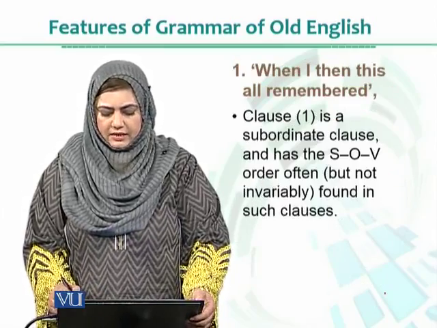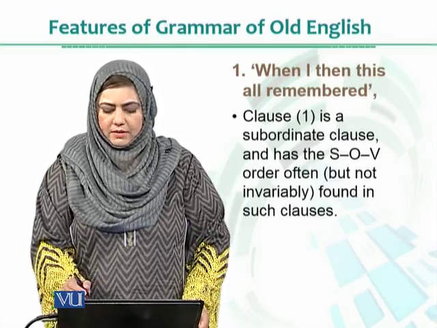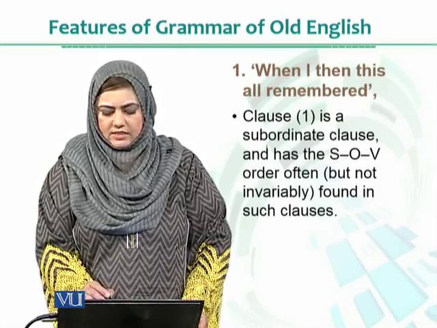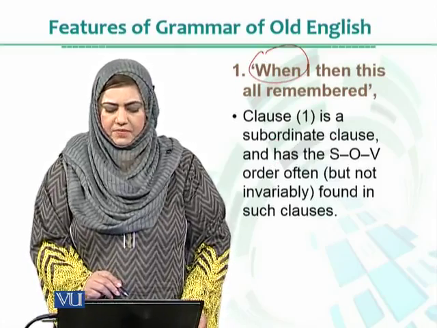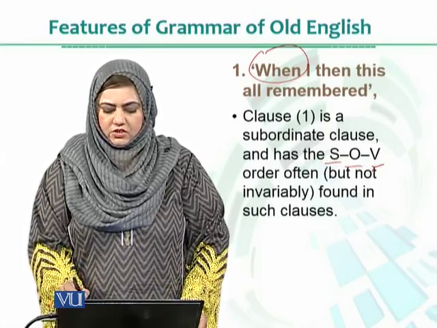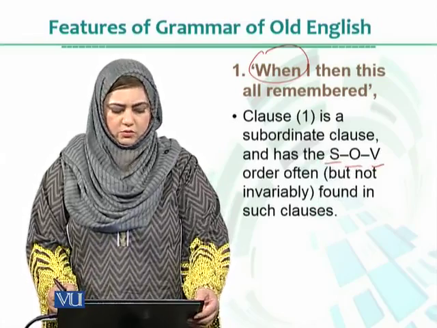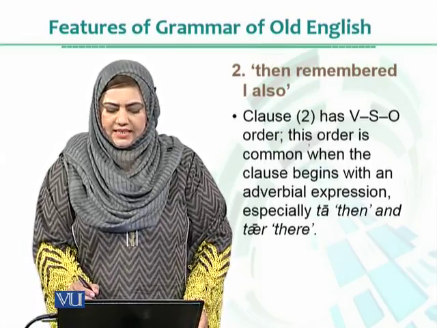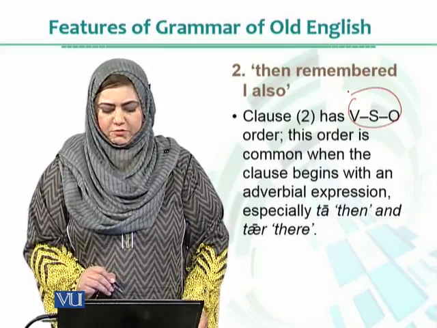The other features I would show you here. The first clause was, when I then this all remembered. This is a subordinate clause because it starts with when. It has a subject, object, verb structure, one of the three preferences that I have already shown to you. The second clause, then remembered I also, is an example of the second type of preference.